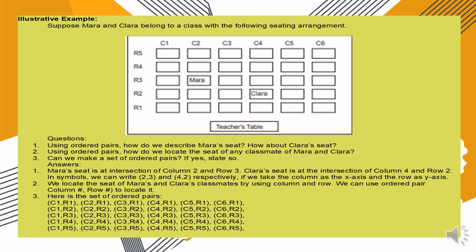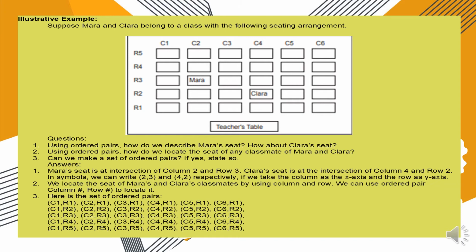For the second question, using ordered pairs, how do we locate the seat of any classmate of Mara and Clara? So we locate the seat of Mara and Clara's classmates by using column and row. We can use an ordered pair, column and row, to locate it.